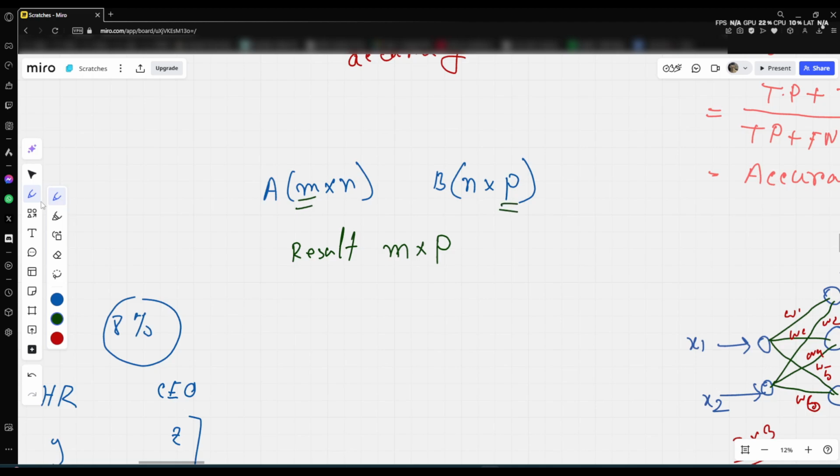So the result is m cross p. The first matrix's column number must be equal to the second matrix's row number. This is also another extensive operation in the world of machine learning.